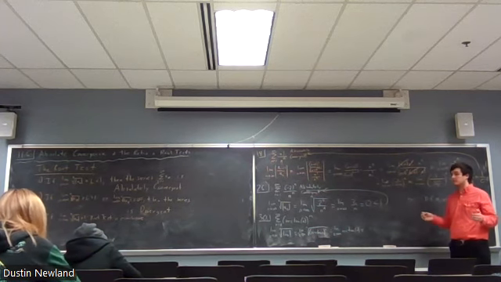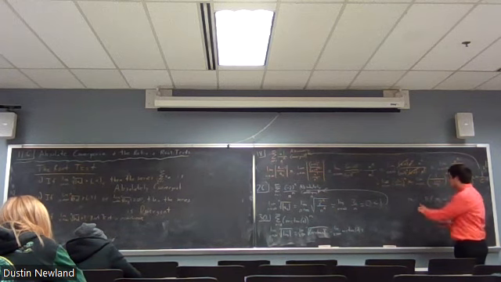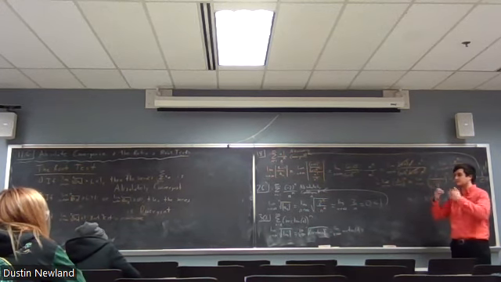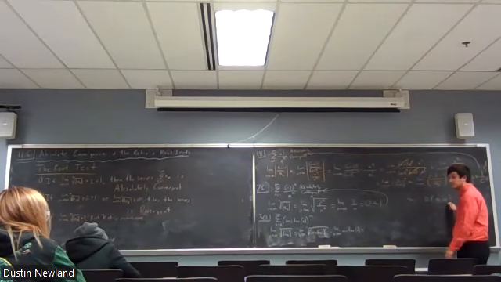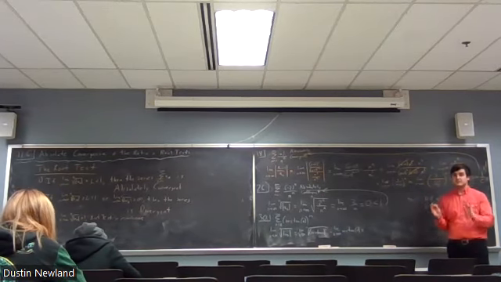I can plug in whatever I want, because tangent can take any value, typically. My ratio between sine and cosine can be any number between negative and positive infinity. But for the range of tan inverse, we only take a select few numbers.